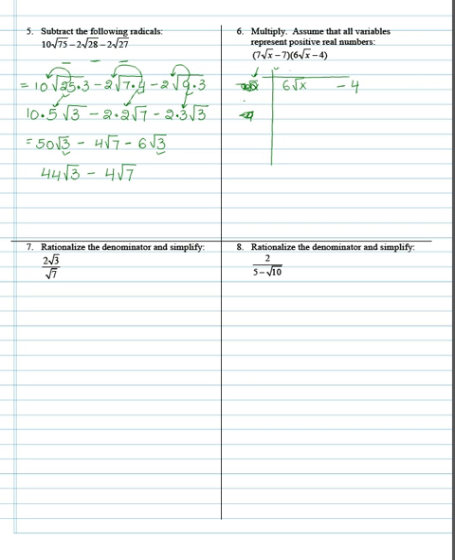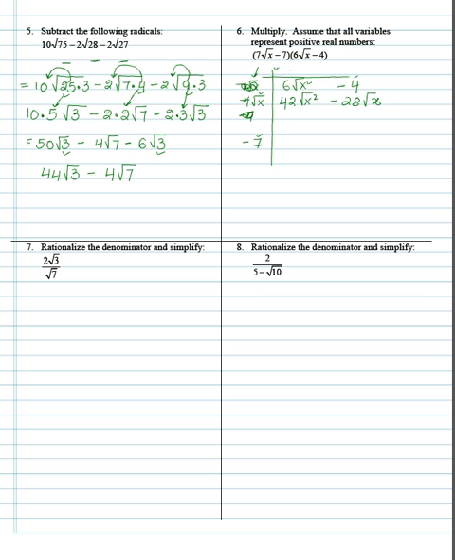So this is going to be 7 radical x. I'm writing it down as a box so it's easy for me to multiply. So 7 times 6, 42. Radical x times radical x is radical x squared. 7 times negative 4 is negative 28 radical x. You see what's happening? I'm multiplying each of these with this one.